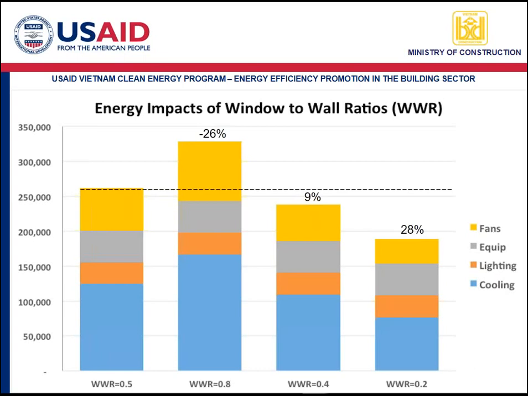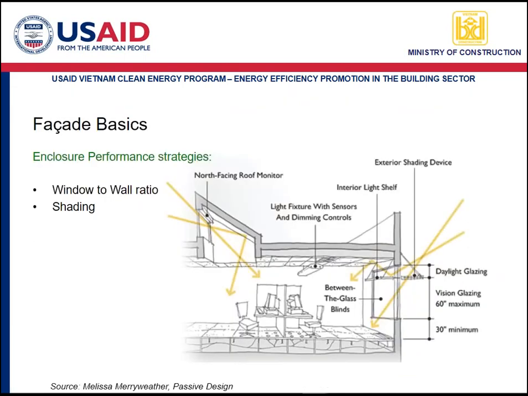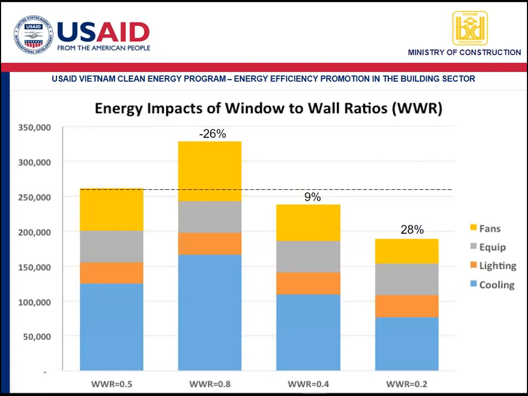Và nếu với mức tỷ lệ khoảng 40% mà cửa sổ là đủ cho chúng ta chiếu sáng tự nhiên hợp lý thì nếu chúng ta sử dụng công trình có tỷ lệ lên 80% có nghĩa là lãng phí ở đây là đến 35% mức độ tiêu thụ năng lượng của công trình.